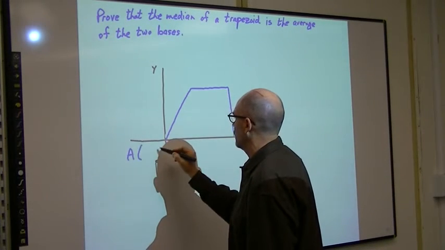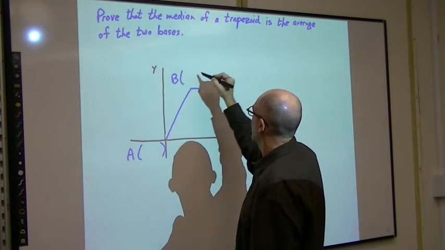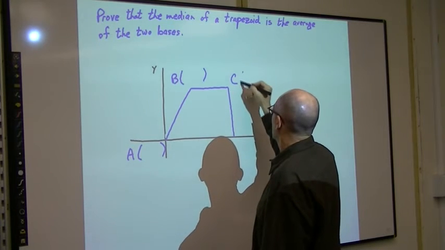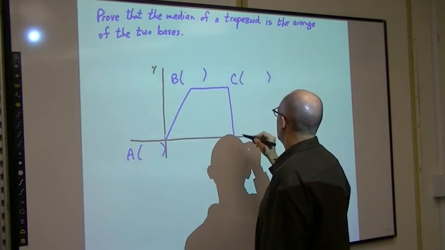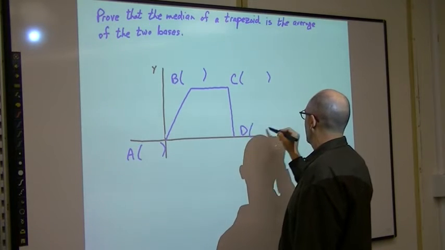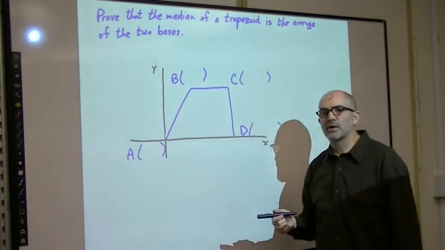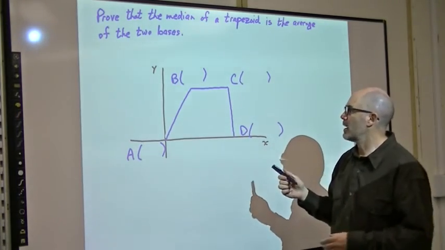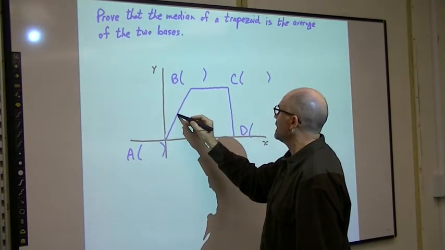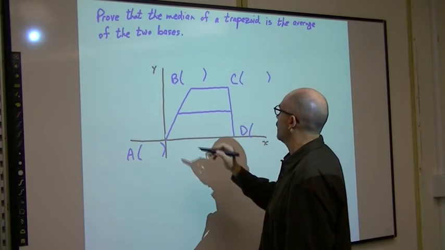A, B, C, and D. Now notice this is a generic trapezoid, could be true of any trapezoid. Now, next, we're going to draw the median here across here.